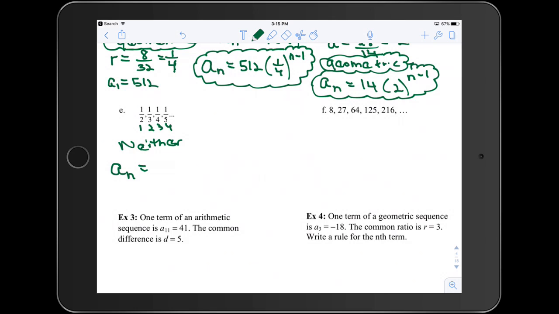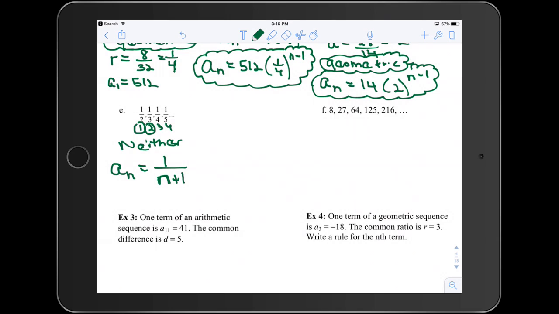Notice how if you start with your first term here, the term number 1, and you add 1 to it, you get the 2. If you take this term number 2 and add 1 to it, you get the 3, and so on. So really, if you take the term number and add 1 to it, you will get each one of your values.